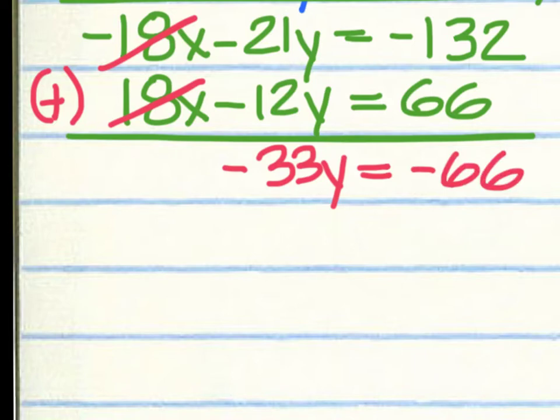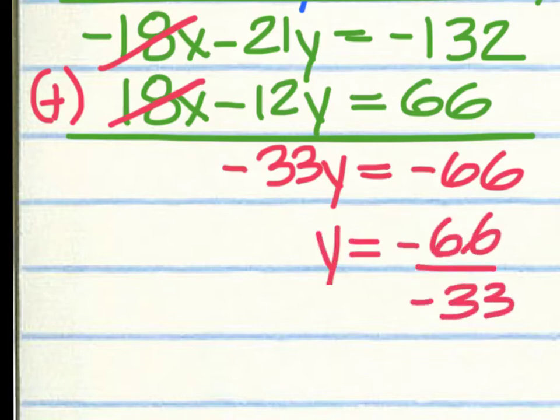At this point, if you see something suspicious, for example, let's say you had a 7 here and a 30 there, 7's not going to divide into 30, so you know you made a mistake somewhere. But this is a 33 and a 66, so you know it's going to come out even. So divide -66 by -33, and you should get a 2.